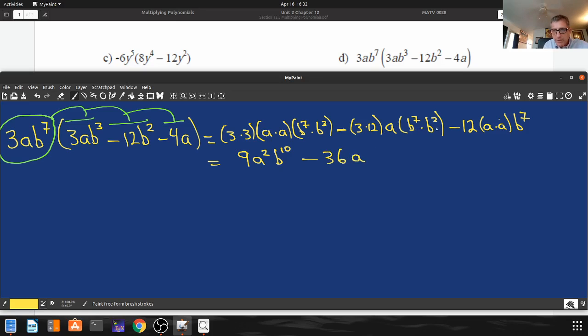B to the 7th times b squared is b to the 9th. Then I have minus 12. A times a is a squared. And then I have b to the 7th. So take a look at that and make sure you can see how that's going. You should be able to do a similar one to it.